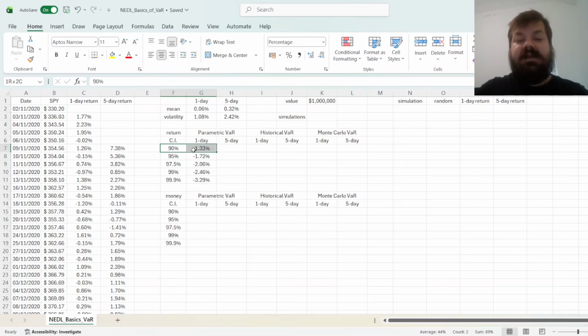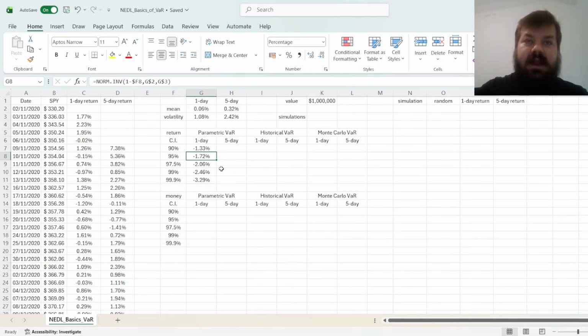If we're looking at 90% confidence interval, it means that in 90% of cases, so 9 out of 10 days, our losses would not exceed 1.33% of portfolio value. 95% is, well, 5% of worst case scenarios, so 1 in 20 days, our losses would not exceed 1.72%. Again, only in 1 out of 20 days, our losses would be greater than 1.72% of our portfolio value.